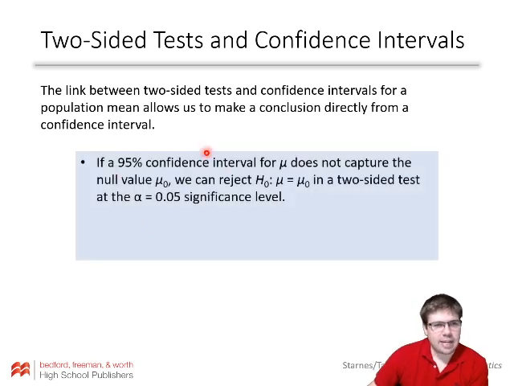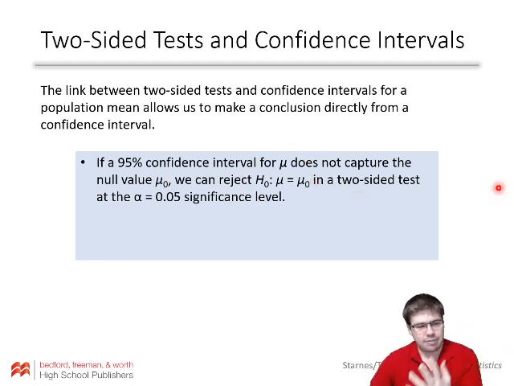So, if a 95% confidence interval for mu does not capture the null value, mu naught, we can reject that mu naught in a two-sided test at the 5% level. So those directly correspond. It doesn't need to be two-sided, but the one-sided test is kind of weird because it ends up being like half, or half the complement.